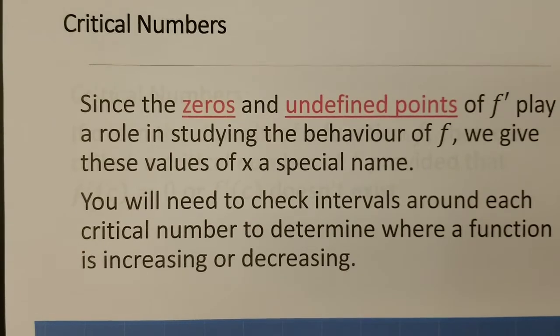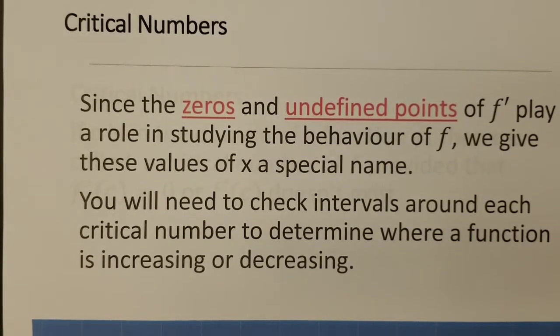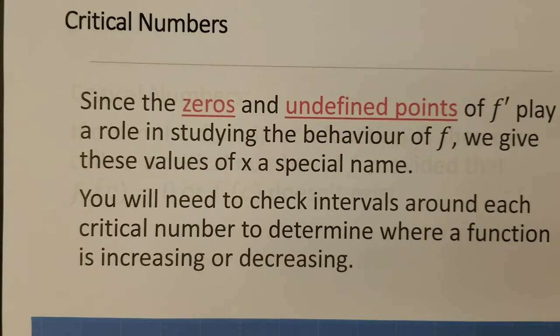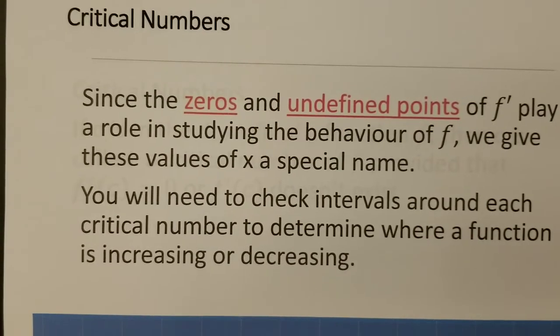So an important thing when we're looking for our intervals of increasing and decreasing are where those intervals can switch or where the endpoints of those intervals might be. So we're going to find those at what's called the critical numbers, the zeros and undefined points of f prime. So those are the values that we've been testing all along.